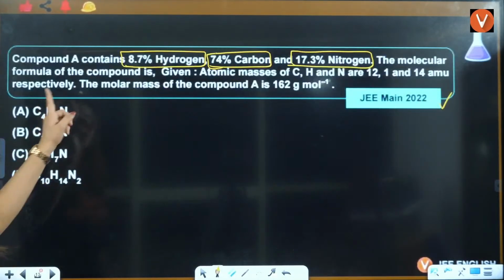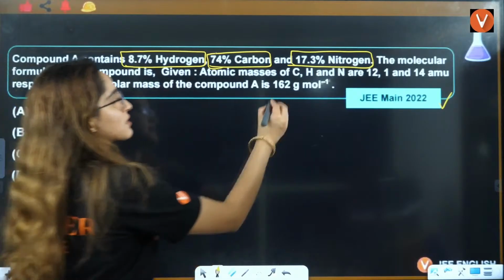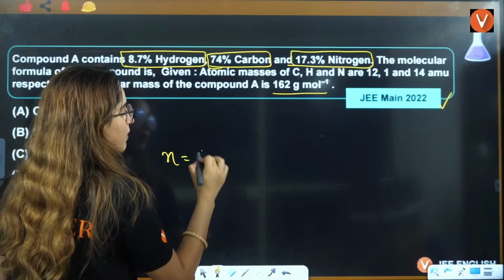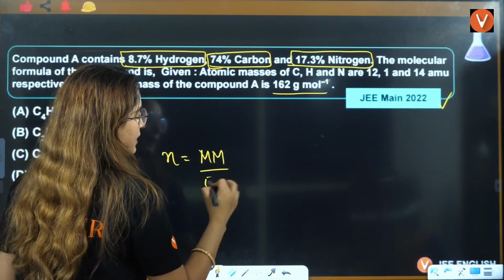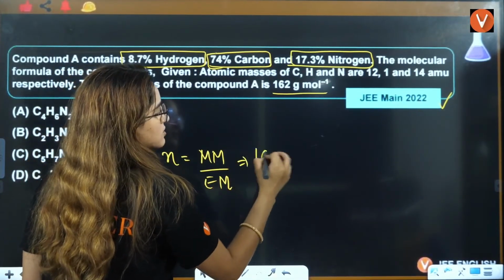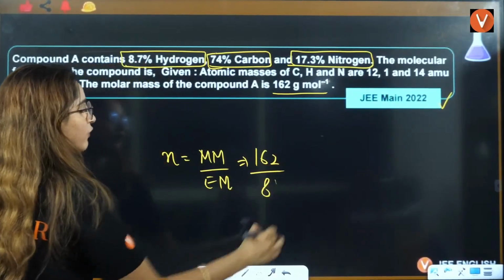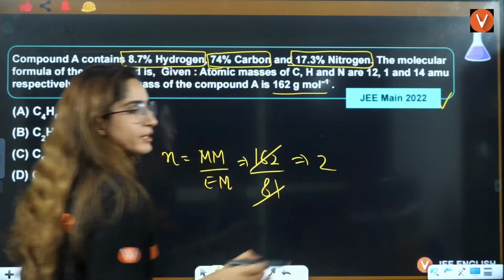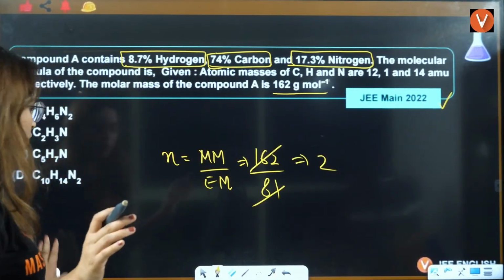Molecular mass is already given to us, molar mass is 162. So if I say n is equal to molar mass by empirical mass, that is 162 divided by 81, right? This will always be a simple integer. So this is going to be 2.